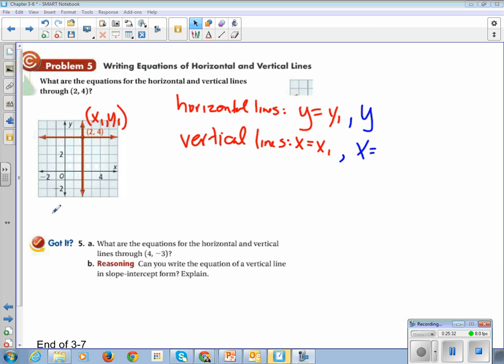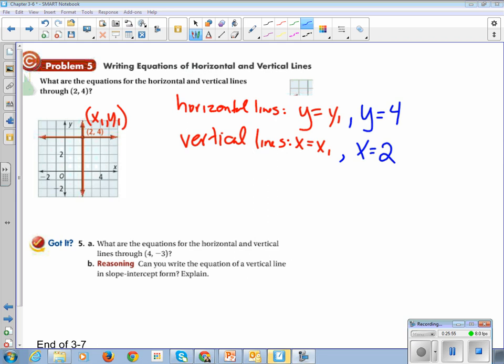All right, leading you down a crazy path there. Okay, so the equation through the point 2, 4 is y equals 4. And the vertical line, the one that goes up and down, that goes through the point 2, 4, is x equals 2. So it's actually the coordinate.